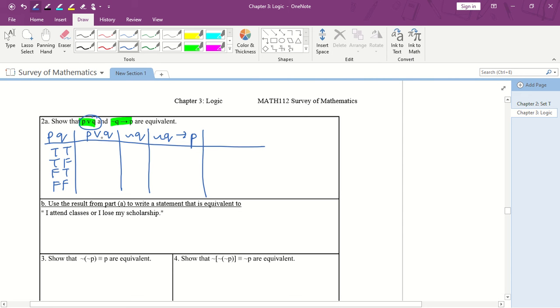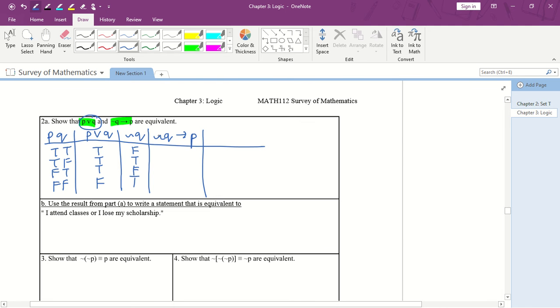P or Q. Remember, or means that we need to have both of them false to get a false. So for this case, it will be true, true, true, and false. And negation Q: true, false, true, false becomes false, true, false, true.